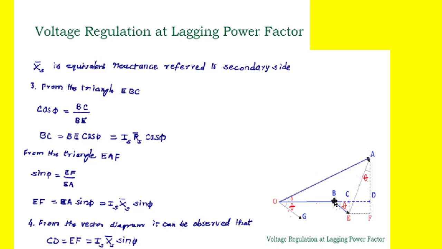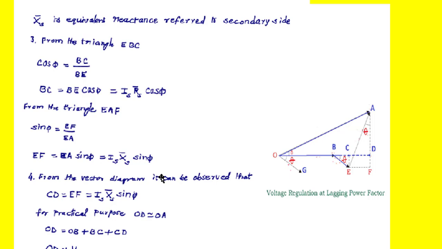So EF means this line. So to get that EF, we write like this. EF is equal to EA into sin phi. So what is EA? EA is nothing but the voltage across the reactance, that is Is Xs bar, so into sin phi.